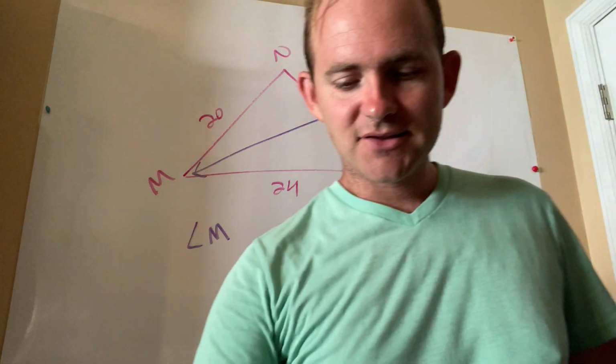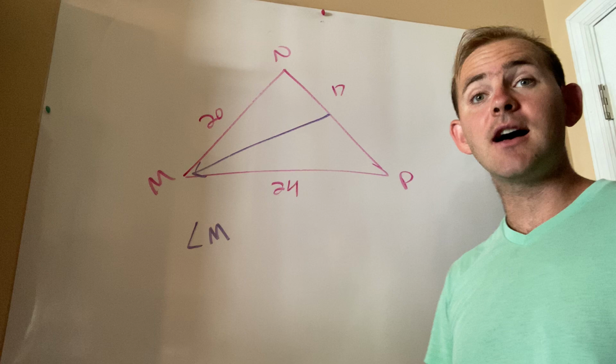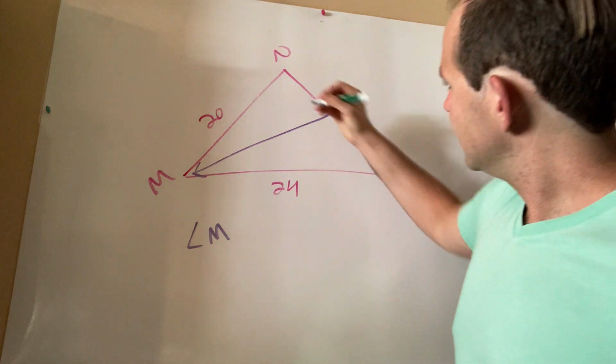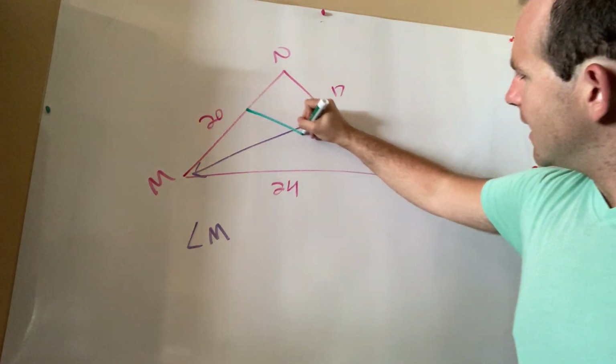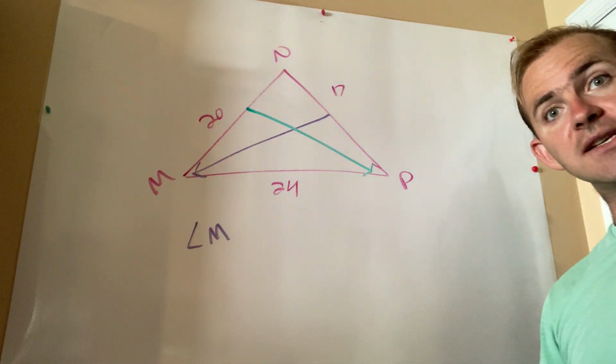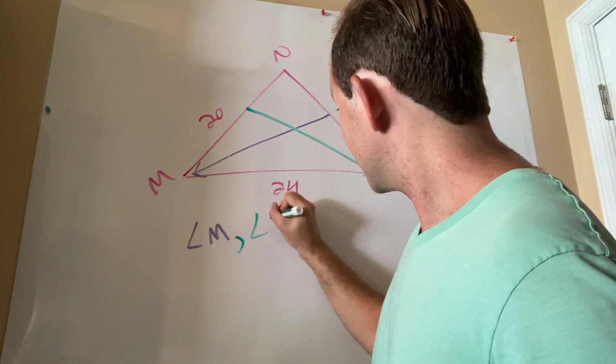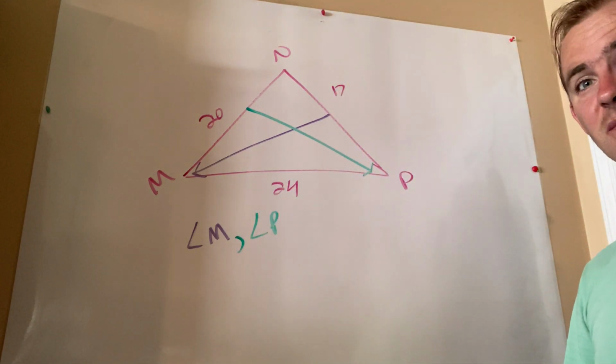What's the next smallest side that you see? Well, after 17 comes 20. So I'm going to draw an arrow from the 20 across to the angle. It points to angle P. So angle P is the second smallest.